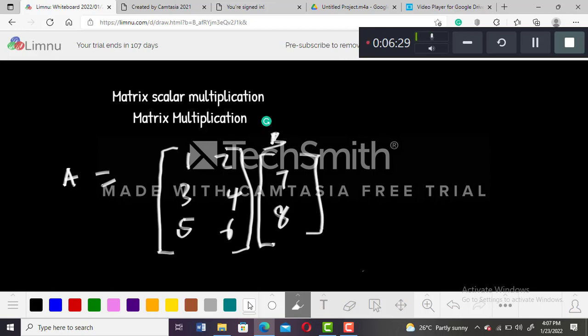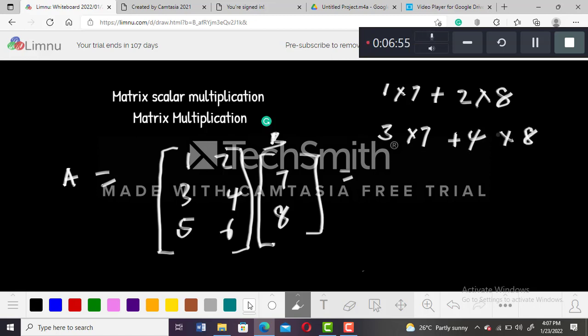How can you handle this? This will be equal to 1 multiplied by 7 plus 2 multiplied by 8, 3 multiplied by 7 plus 4 multiplied by 8, and 5 multiplied by 7 plus 6 multiplied by 8.